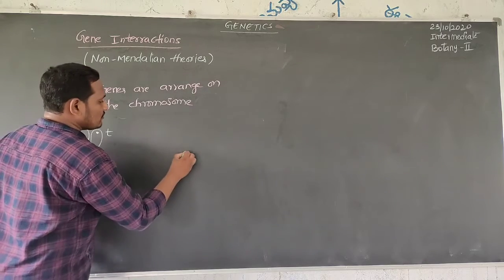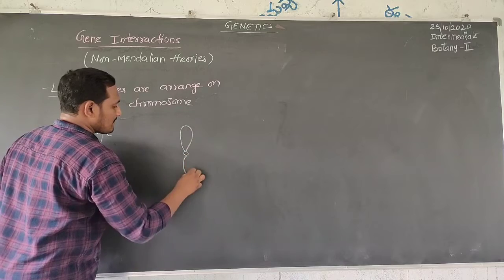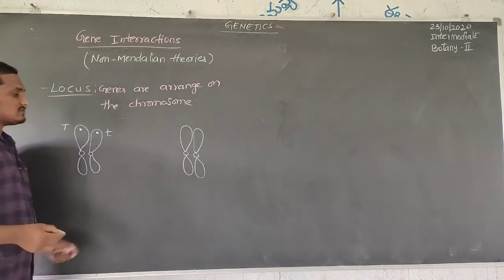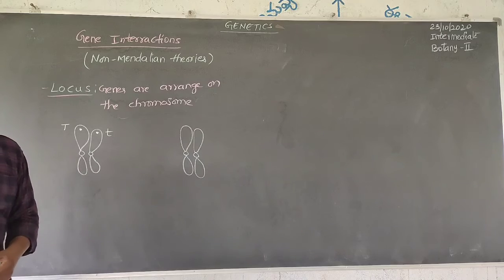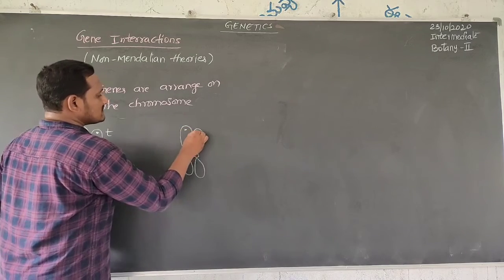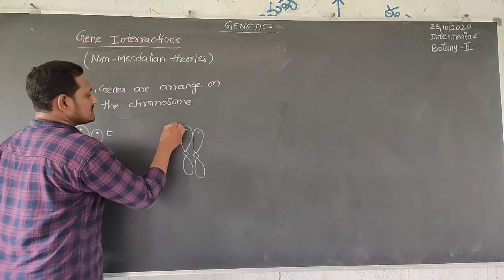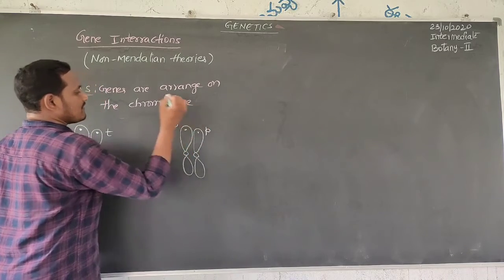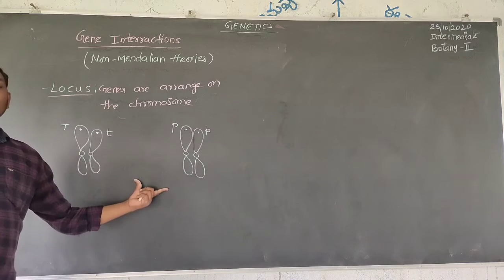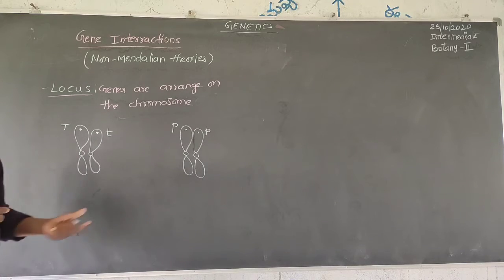We need to take another homologous pair of chromosomes. This is also another homologous pair of chromosomes. What will happen here? Here also two alleles, capital P, then small p, purple and white like that. So what changes are observed here?